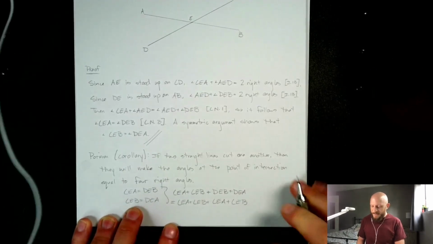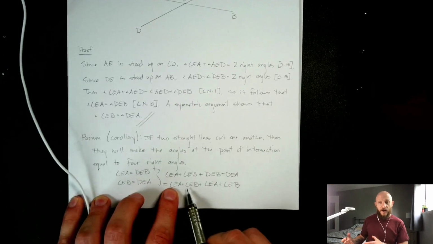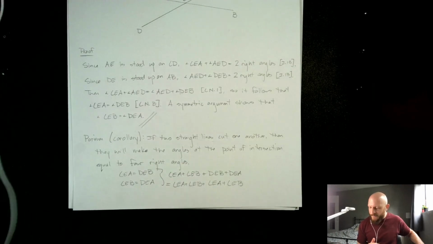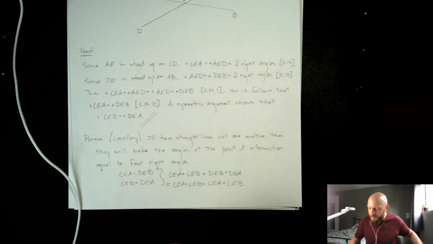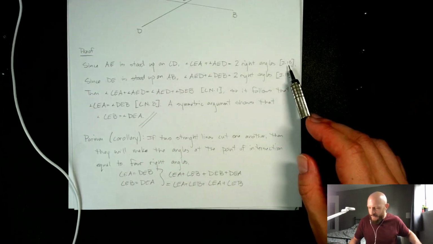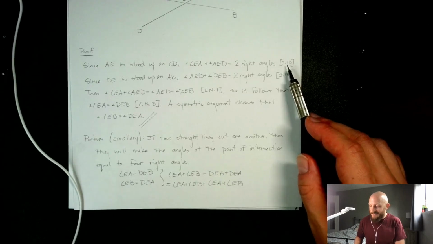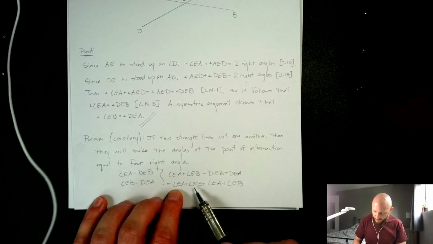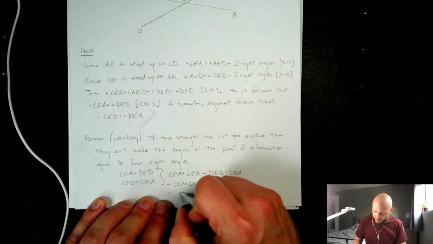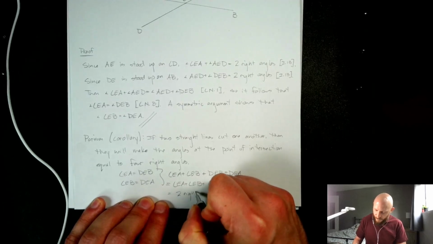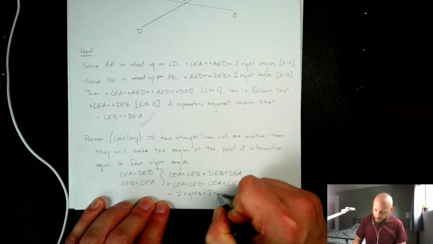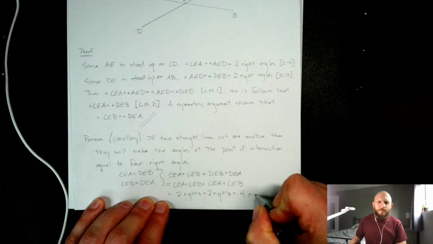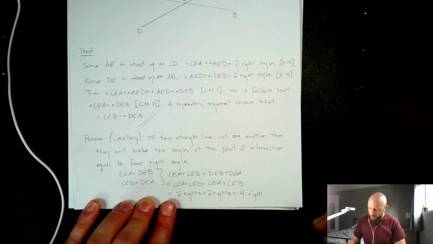So it's like CEA plus CEB times 2. But we have, I suppose it's proposition 13, since that's being cited in here. Proposition 13 says that CEA plus CEB is two right angles. So this is equal to two right angles plus two right angles, which is four right angles. That's how I would go about proving that, at least.